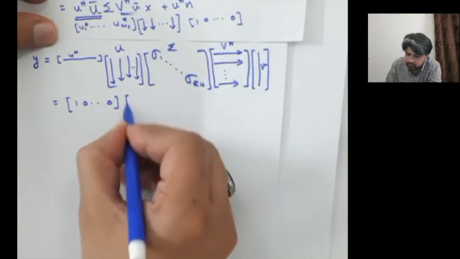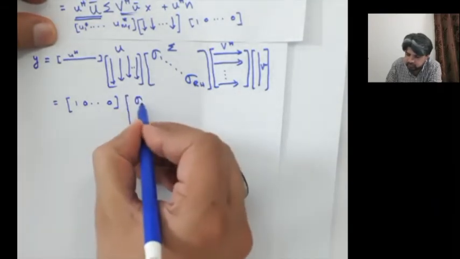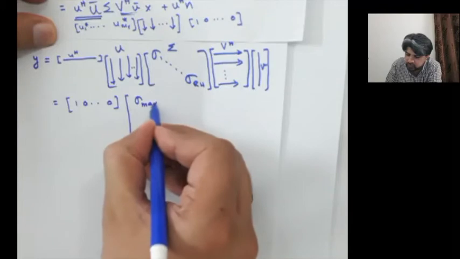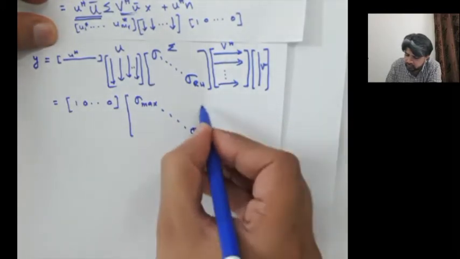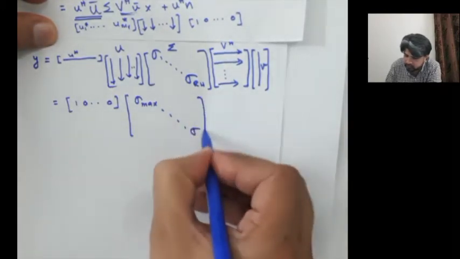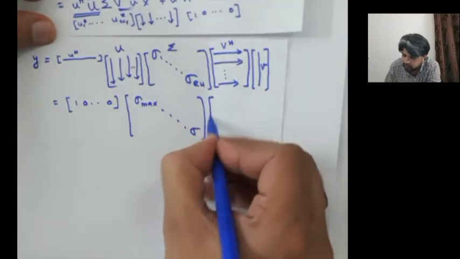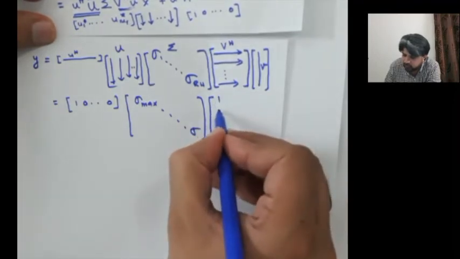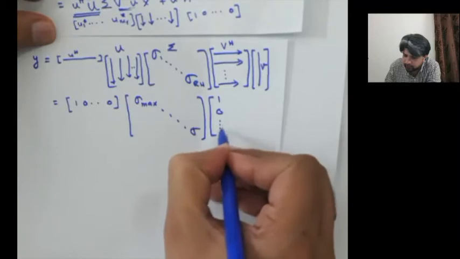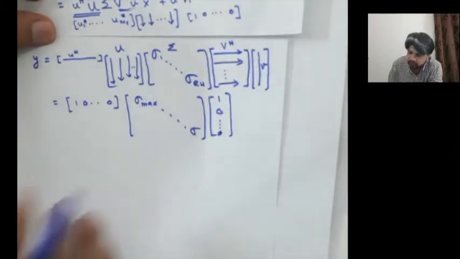You would have this sigma. Remember, sigma 1 would also be the sigma max. And this would give you 1 and all zeros. Right?